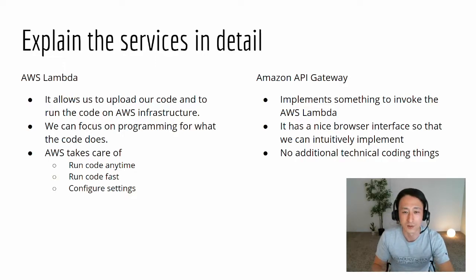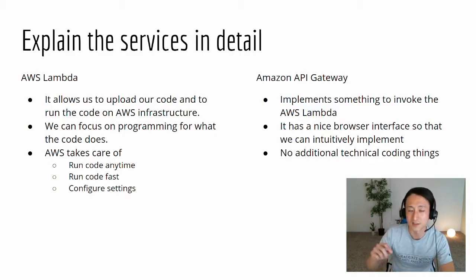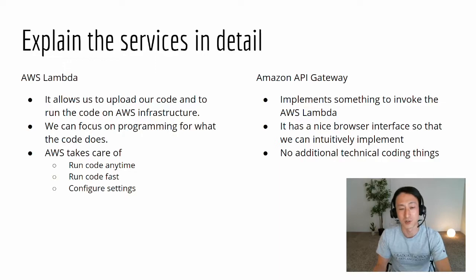We just go to the browser and click some buttons, select something, click some buttons. There is no additional technical coding. That's nice because sometimes you have to open the terminal, like a black screen, and type some kind of magic spelling, but you don't have to do that. So it's a nice service.